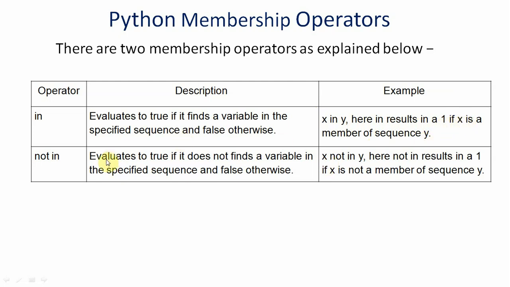Not in evaluates to true if it does not find a variable in the specified sequence and false otherwise. For x not in y, not in results in 1 if x is not a member of sequence y.